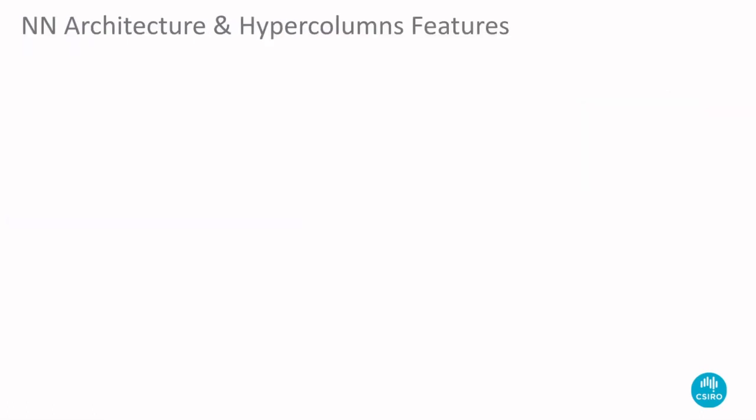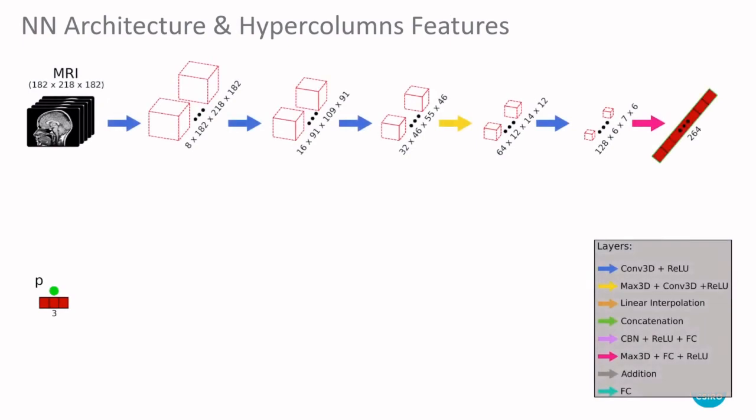An important detail in the architecture of our networks is how to extract features from the input image to predict the implicit surface representation for a given point. For an MRI represented as a grid of voxels and a point represented by its real coordinates, we first compute feature maps by applying 3D convolutions to the input MRI.